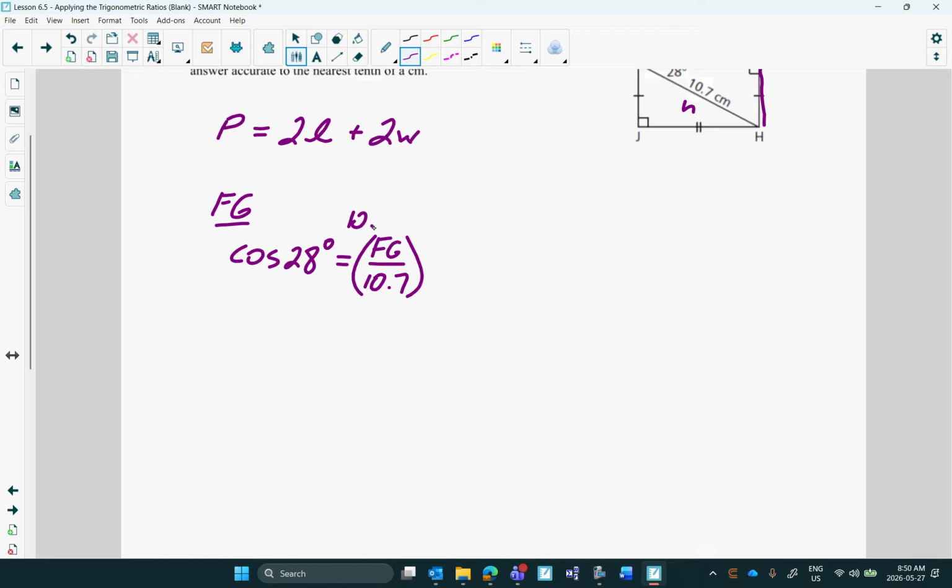Multiply both sides by 10.7, and that will give you FG. So 10.7 times that gives me 9.4 centimeters.